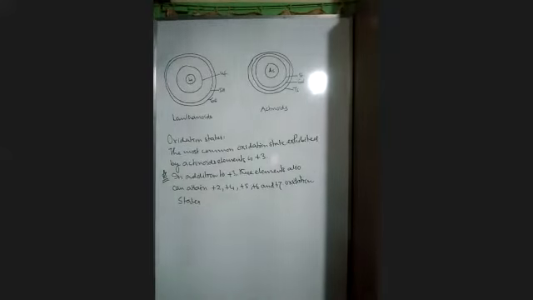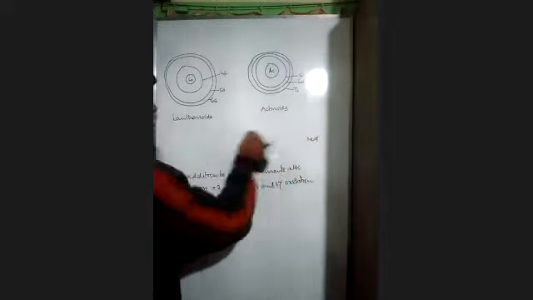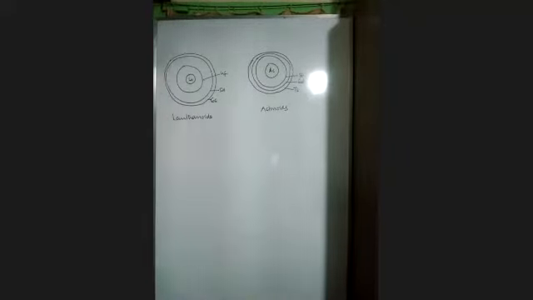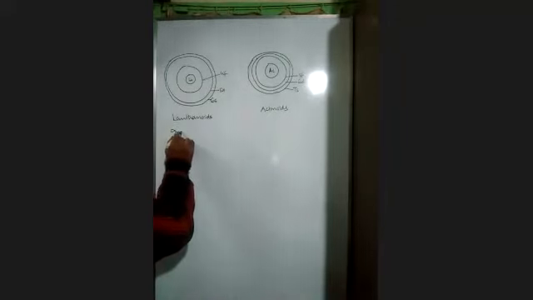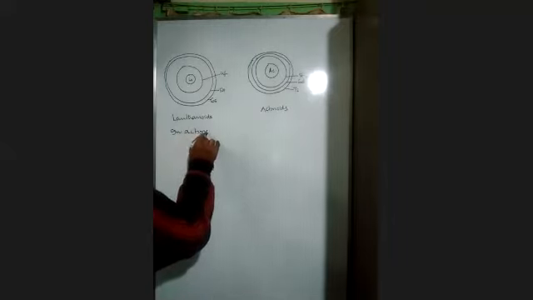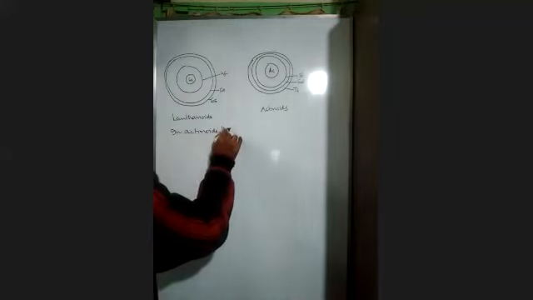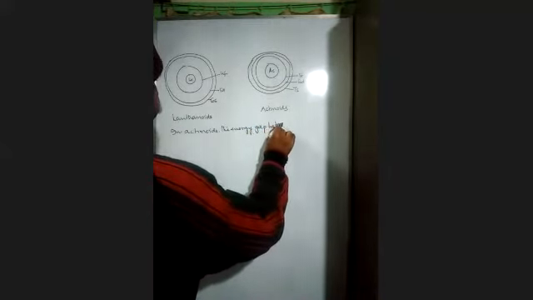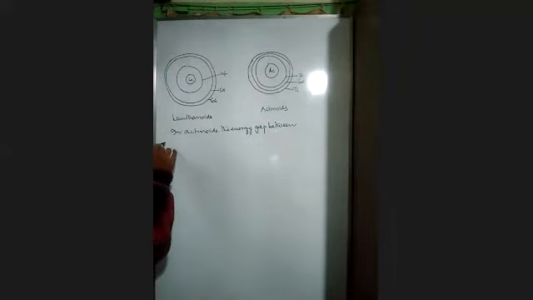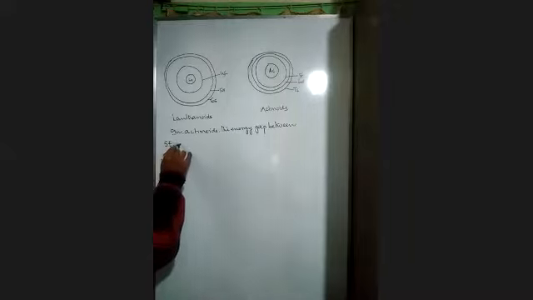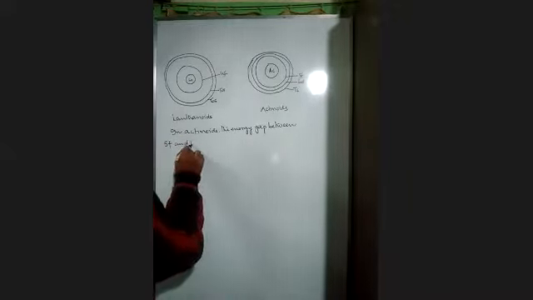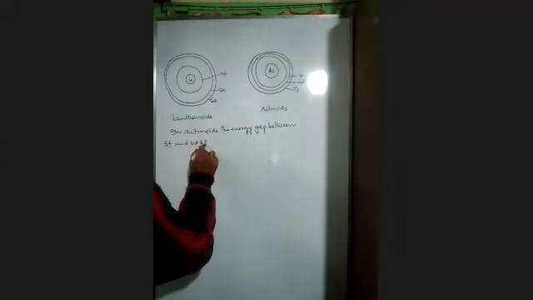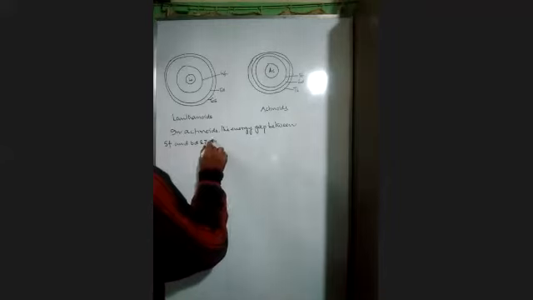So now we'll write. In actinoids, the energy gap between 5f and 6d and 7s is small.